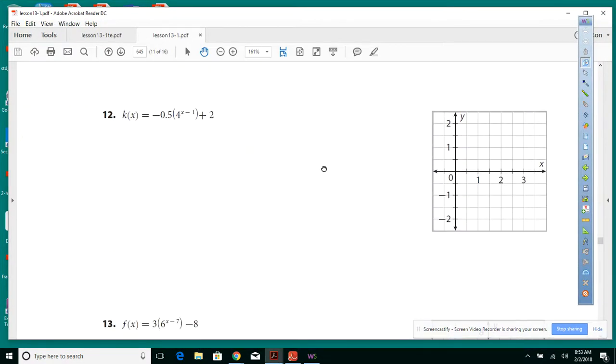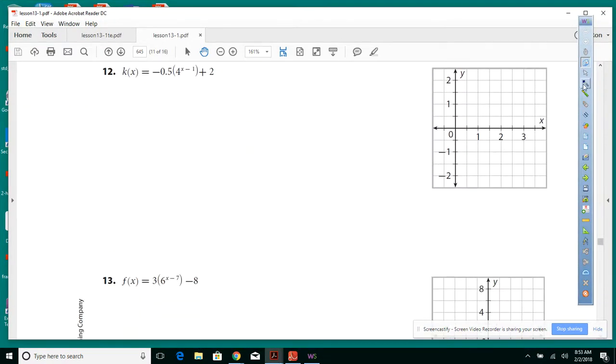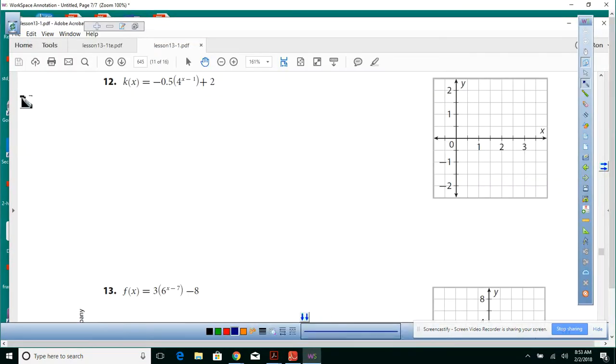And let's try number 12. We got A equals -0.5, B equals 4, H equals 1, K equals 2. Domain is all real numbers.